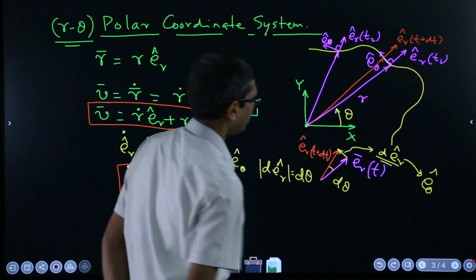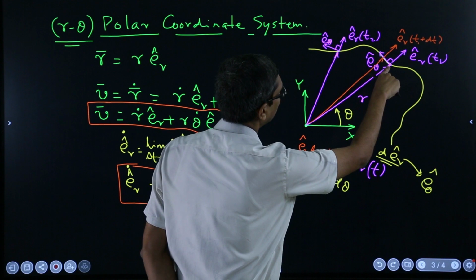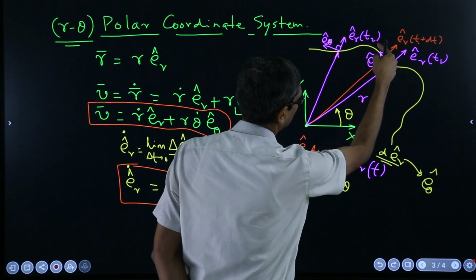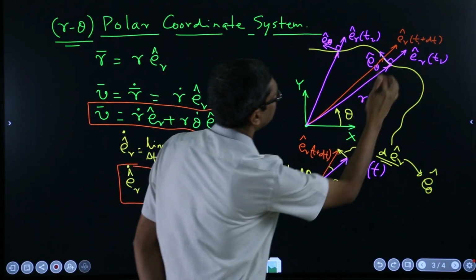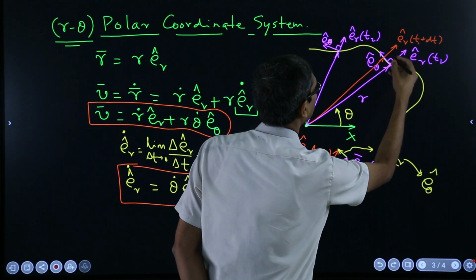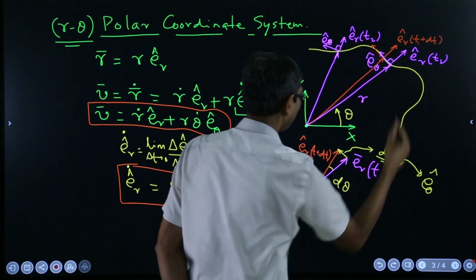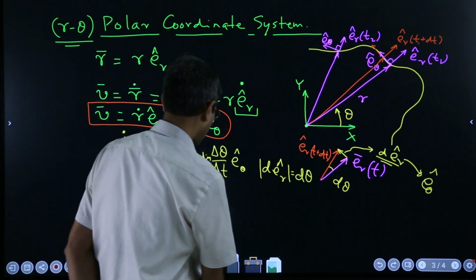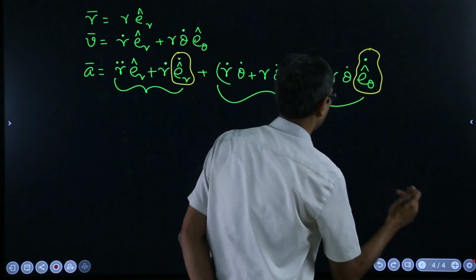Let's go to the previous page. See here, e theta at t was in this direction, and at t dash, which is t plus dt, it was maybe in this direction. If I draw those two vectors again tail to tail, I'll get something like this.